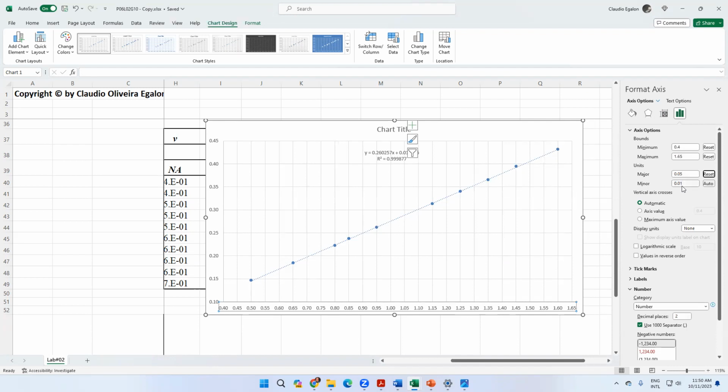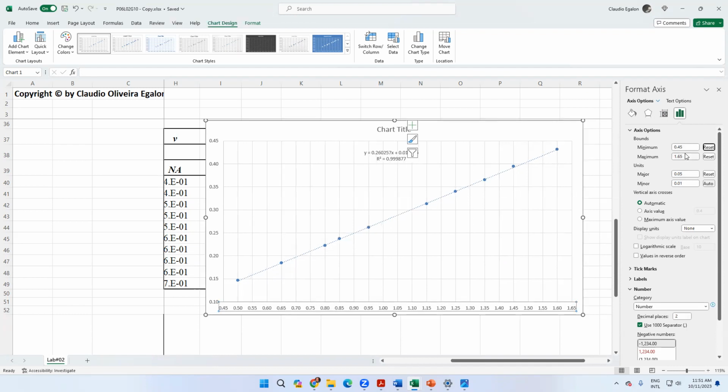No, too close, too close. Let's see what I can do. 1.65 is not a good one. But wait a minute, I can shrink. Maybe 0.1. Yeah, it looks like I got it.